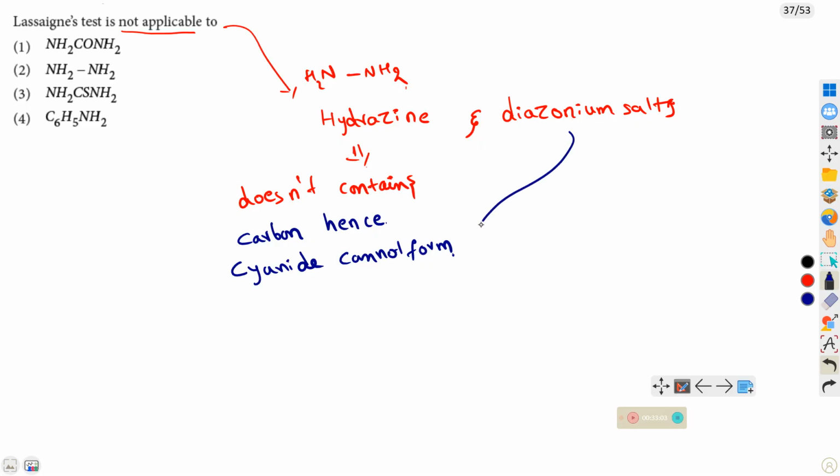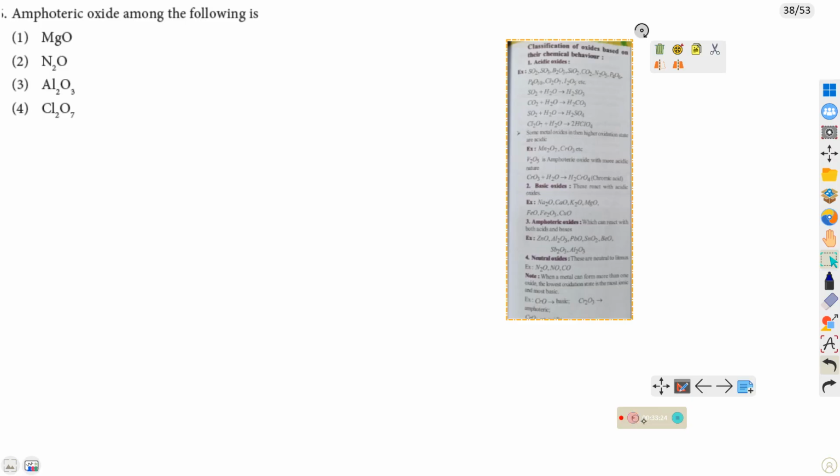In the diazonium salts case also, cyanide formation is not possible because N2 escapes in the form of N2 gas. Diazonium salts are N2+Cl-. The N2 group escapes in the form of N2 gas. So the correct answer is the second option.